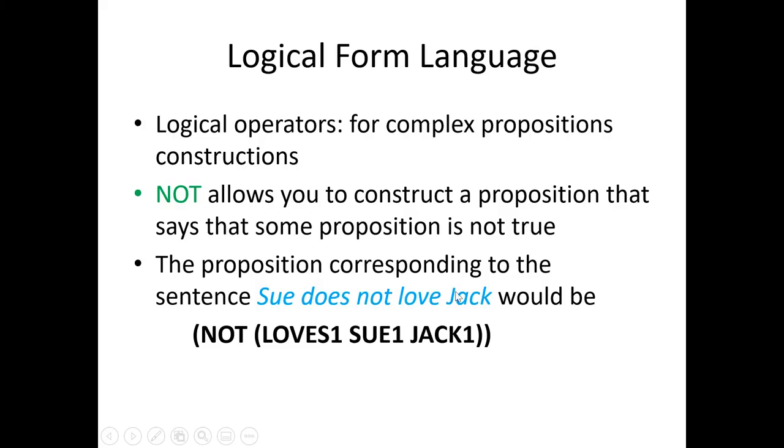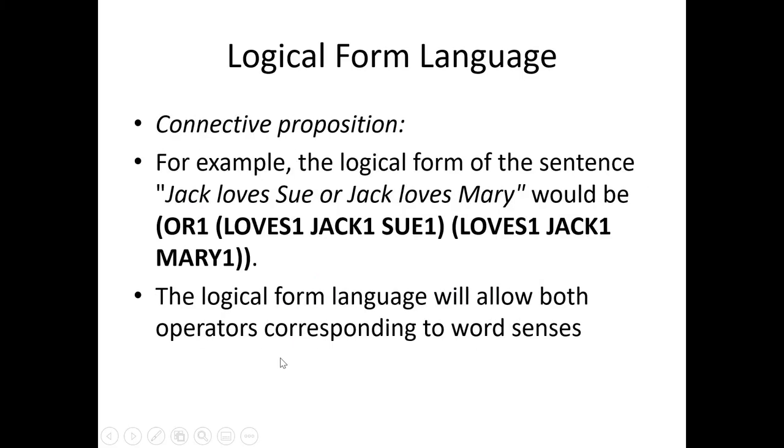Take the sentence Sue does not love Jack. How will you represent it? You have loves1 Sue1 Jack1, and we want to invert it, so we write it with not. This is a logical operator working in the logical form language.